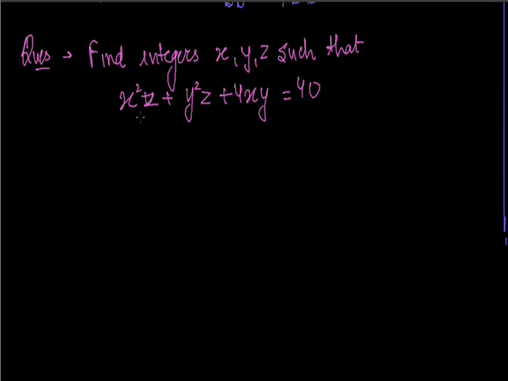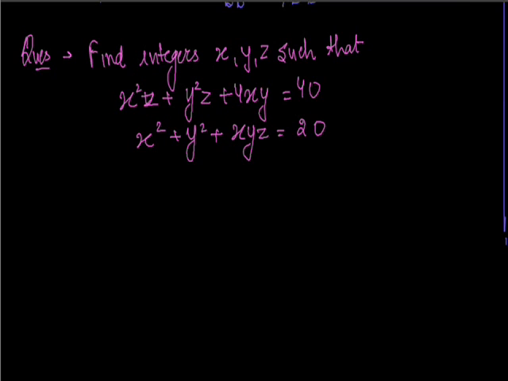In the second equation it is given that x square plus y square plus xyz equal to 20. Given two equations and we have to find all positive integers which will give an answer.